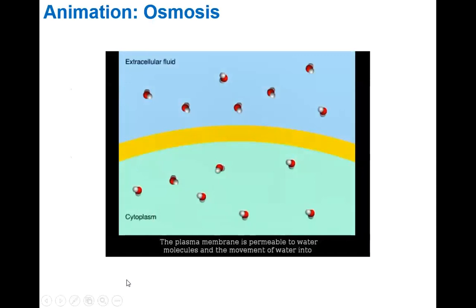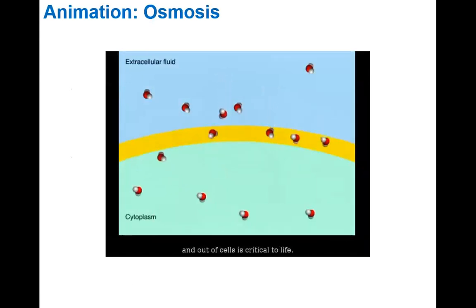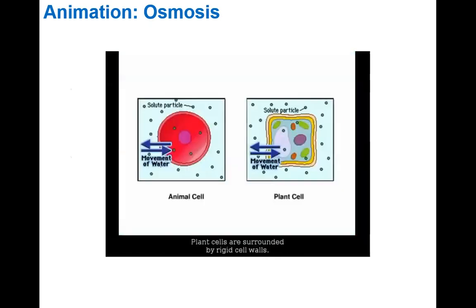Membrane is permeable to water molecules, and the movement of water into and out of cells is critical to life. Diffusion of water molecules across a selectively permeable membrane is a special kind of passive transport called osmosis. Plant cells are surrounded by rigid cell walls.